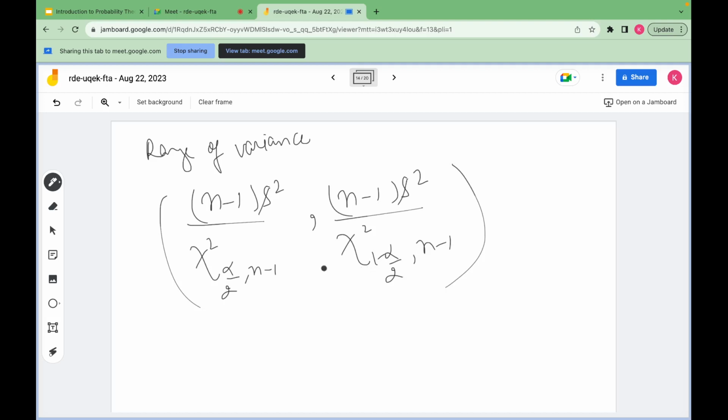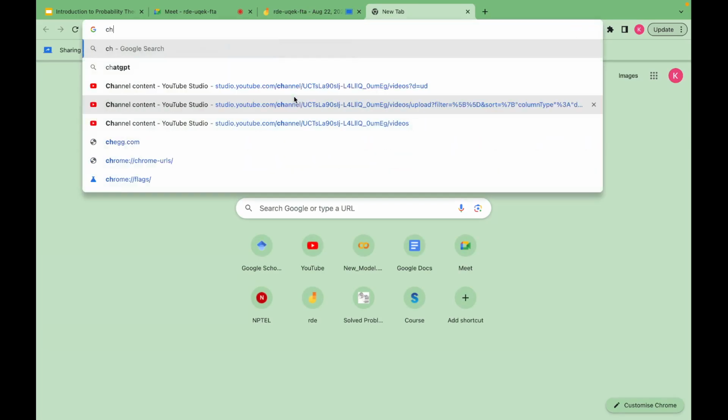This is the range. Okay, here these chi square values are different. There it is for alpha by 2 comma n minus 1, and here it is 1 minus alpha by 2 comma n minus 1. This is for chi square 0.025. So I don't have the chi square table right now. I will just check online.